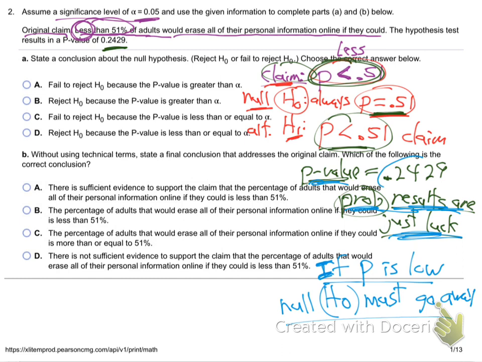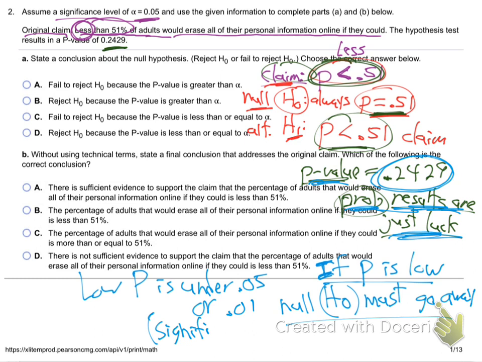So when they tell us the p-value here is 0.2429, is that low? Well, usually a low p is under 0.05 or 0.01. They'll tell you in the problem. It's the significance level. So they'll tell you how significant the results need to be.